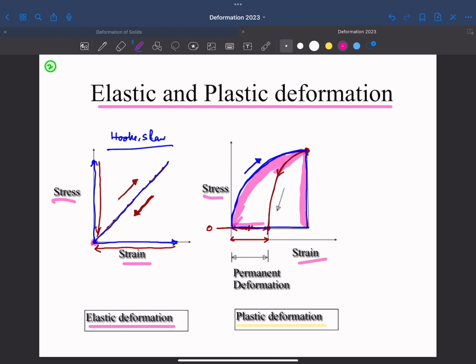Remember this: it is energy per unit volume of course, but this is the total work done for the deformation.